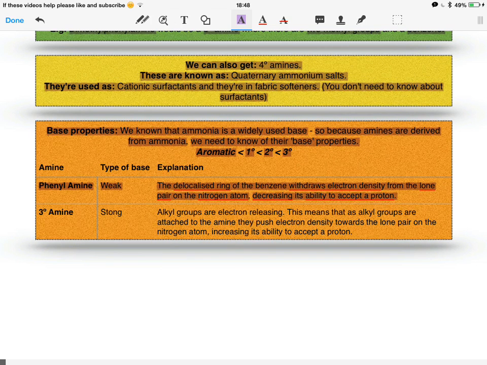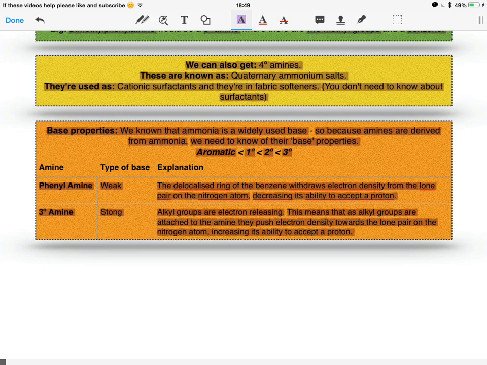Then on the other end of the spectrum, we've got a tertiary amine, which is a strong type of base. And this is because you may know, you may not know, you should know, that alkyl groups are electron releasing. This means that as alkyl groups are attached to the amine, they push electron density towards the lone pair on the nitrogen atom, increasing its ability to accept a proton. So it's the inverse of the phenylamine.